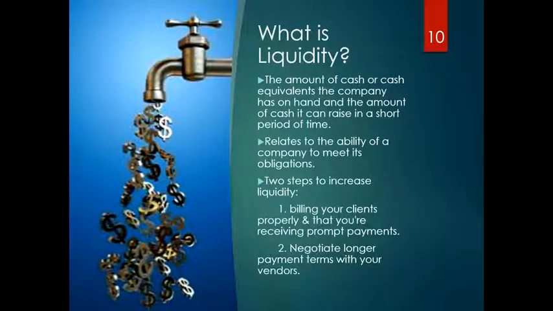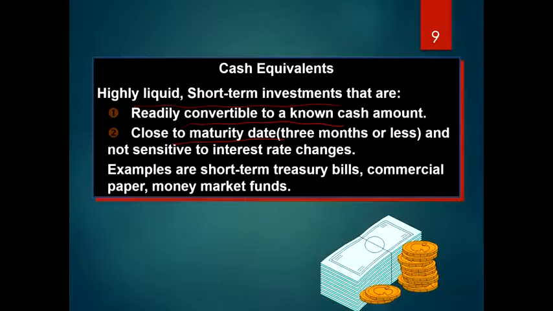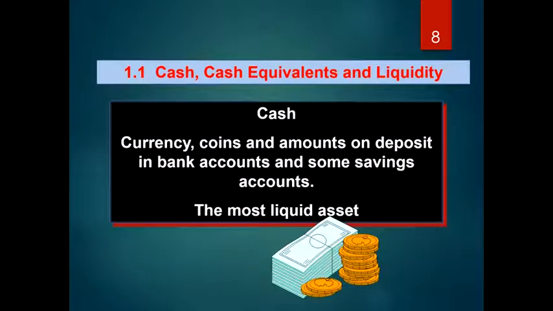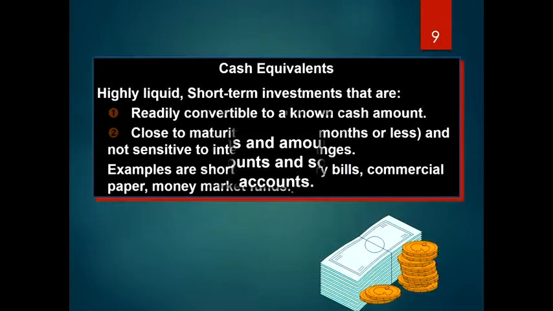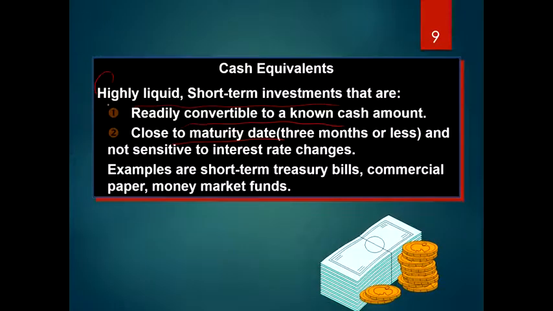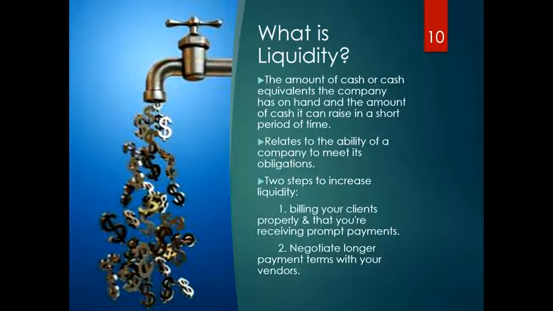So now kita tengok apa itu liquidity. Okay, sebab kita cakap kan tadi cash ni is the most liquid. So apa itu liquid? Okay, cash equivalent highly liquid. Okay, so now what is liquidity? Liquidity is the amount of cash or cash equivalents the company has on hand and the amount of cash it can raise in a short period of time.